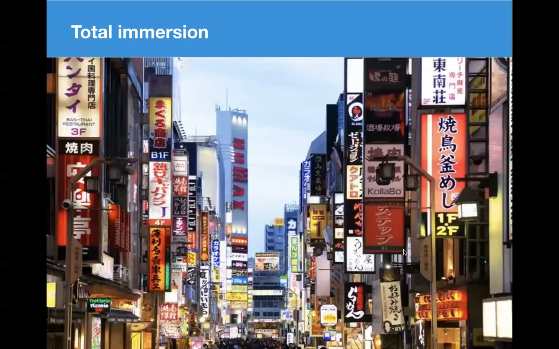Now, the way that the program approaches learning and teaching language is through something called structured immersion. This is similar to something you're probably already familiar with, total immersion. When you're in a place where you don't know the language, but you're surrounded by it, you're in total immersion. Just for a second, I want you all to imagine that you've been dropped into the location you see here in this picture.